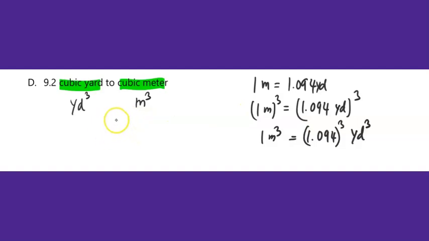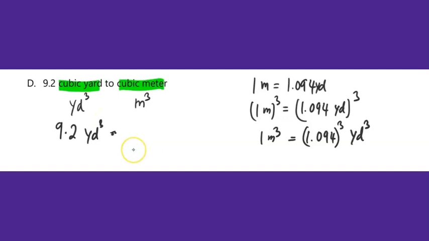Here we have 9.2 yard cubed, that's the given, and you have to change it to meter cubed. So I multiply by the fraction, which is going to be yard cubed in the bottom, meter cubed in the top, because I need to cancel yard cubed to get meter cubed as the answer unit.